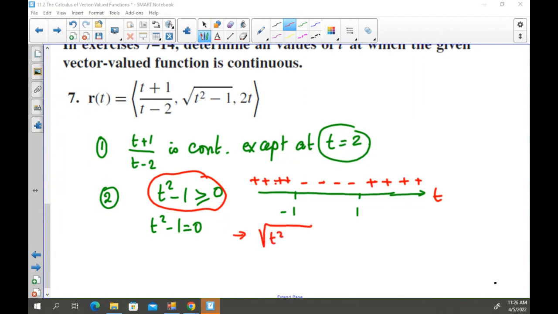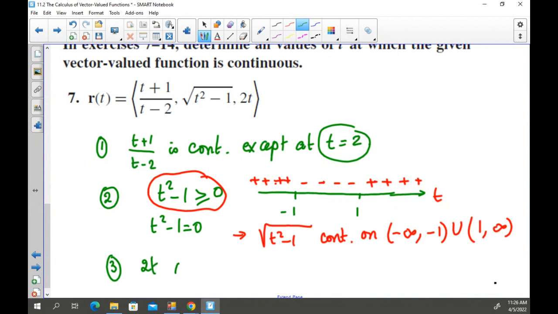So the square root of t squared minus 1 will be continuous on the interval from minus infinity to minus 1, and also from 1 to infinity. And finally, 2t is continuous on the whole interval minus infinity to infinity.